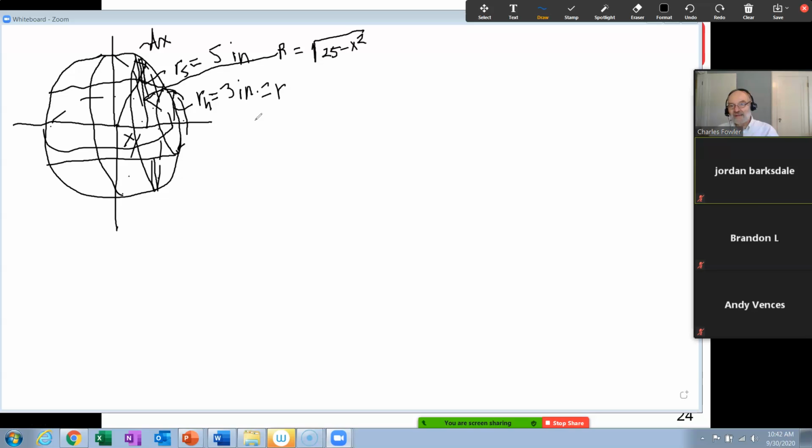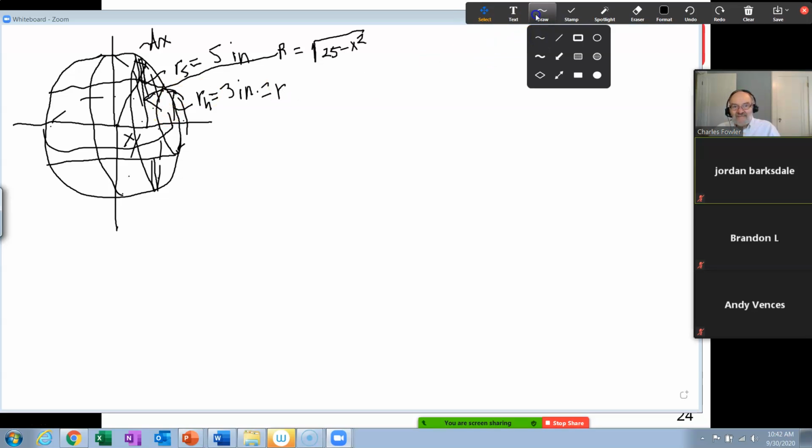Now, the one other thing we have to deal with is what the limit on x is, because you're not going out to 5. You cut away that part. You're going to here. So what is the x value here when the y is 3?